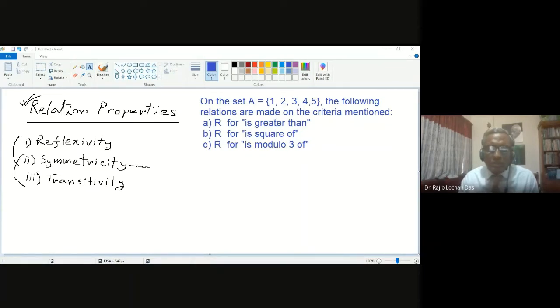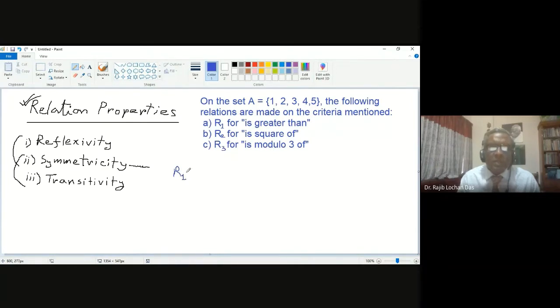The first one will be called R1, the second one R2 and the third one R3. So these are the three relations, based on a certain criteria given within the quotation marks. Now I am just taking R1.